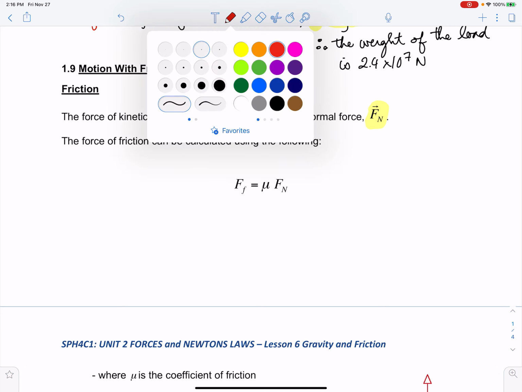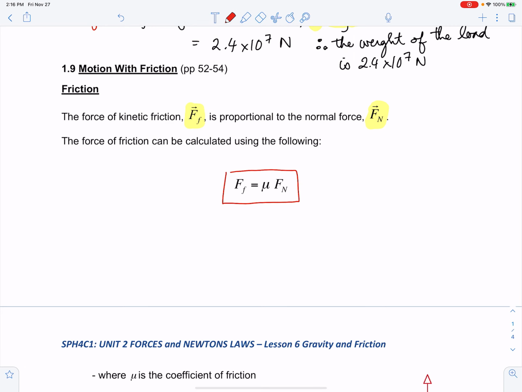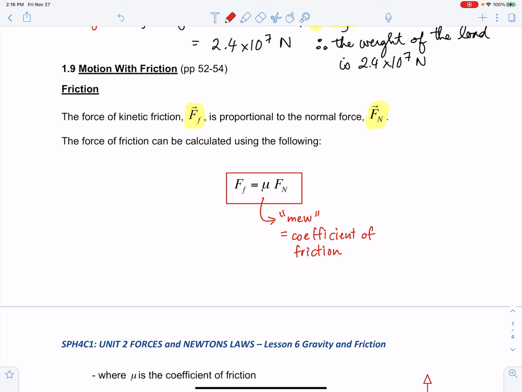So we end up with an equation for kinetic friction that looks like this. Force of friction is equal to mu, this letter here is the Greek letter mu, and it stands for the coefficient of friction, times the normal force. And the normal force is the force with which a surface presses up on an object.